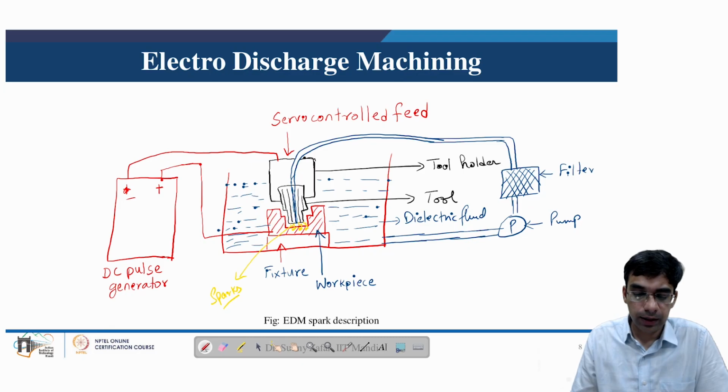So because of that, the sparks are produced. Sparks are nothing but the visible routes through which the electrons are flowing from the negative terminal or the cathode to the anode, and the electrons, as they are negatively charged, flow from the negative terminal towards the positive terminal, thereby producing sparks in the inter-electrode gap. So this is a very basic schematic on which the electric discharge machining process works.